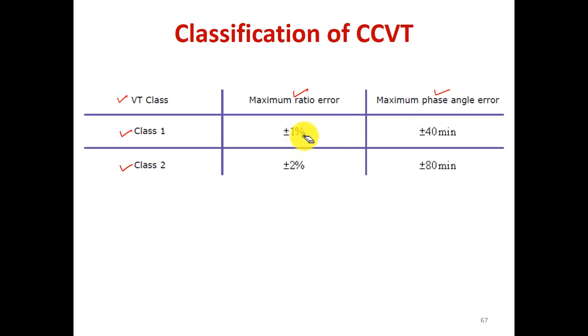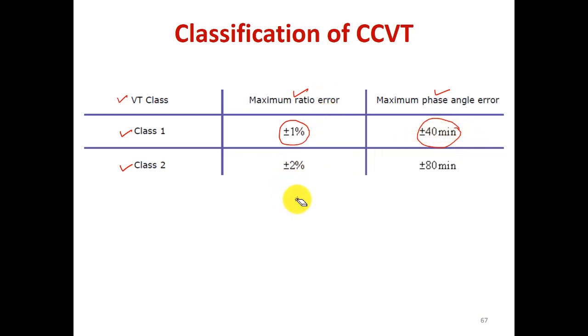So for class 1 CCVT, the maximum ratio error is plus minus 1%, and the maximum phase angle error is plus minus 40 minutes.